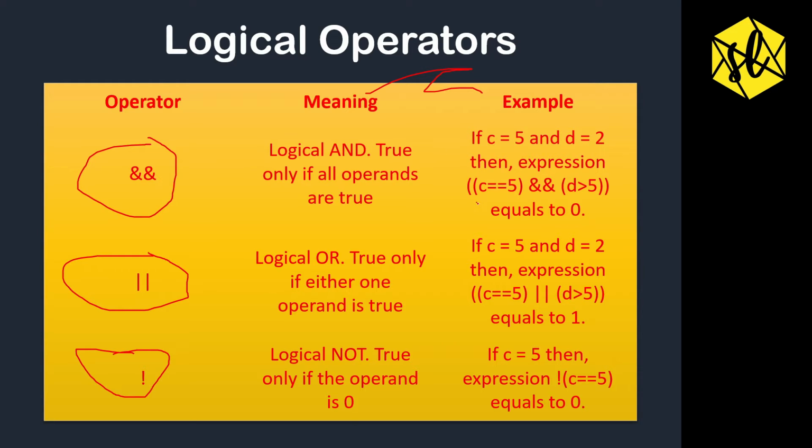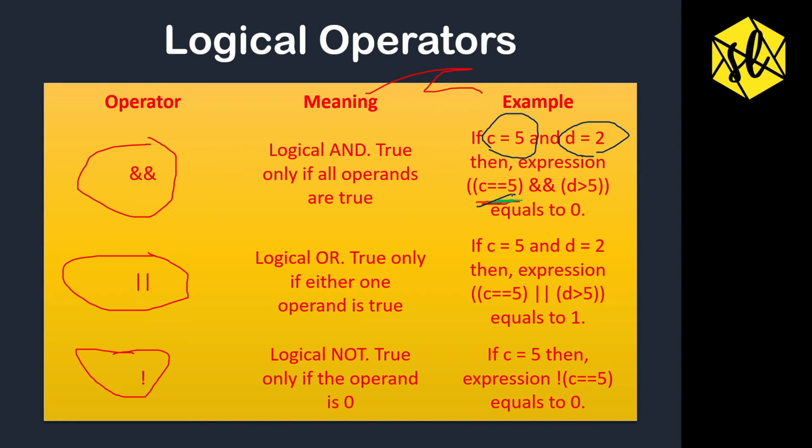Remember, here c is equal to 5. Yes, it's true. C is equal to 5, guess it, this one is true. And here we have it already initialized. C is equal to 5 and D is equal to 2.